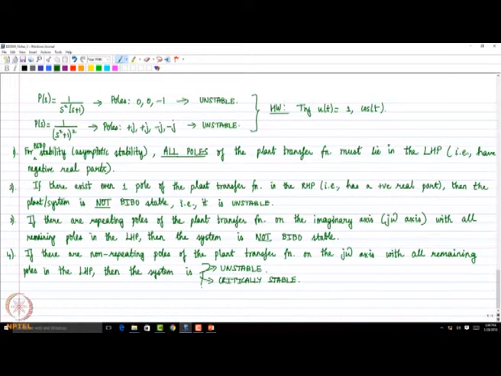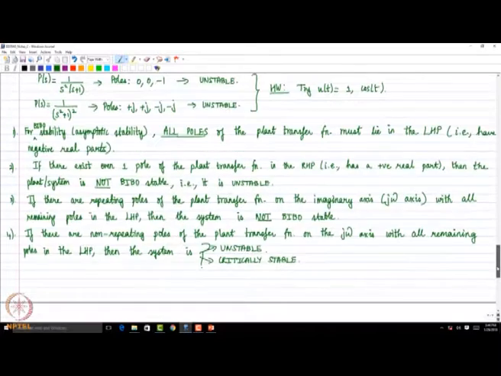Because most textbooks will say it is critically or marginally stable, but if we strictly apply the definition of BIBO stability, it is unstable. See, in stability there cannot be any compromise; either a system is stable or it is not, that is it. So, if we are strict to that extent, we should call this unstable. But if you say, come on, the output is bounded only for one small group of bounded inputs, well, you call it critically stable or marginally stable.